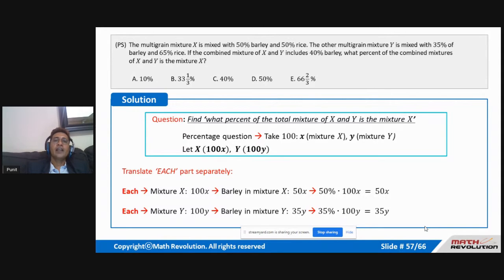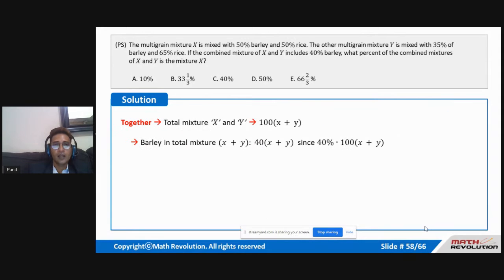Pay attention, 100x and 100y have been assigned to X and Y. Barley is 50% in X, becomes 50x. Barley is 35% in Y, becomes 35y. Total mixture becomes 100 times x plus y. The barley is 40% in the total mixture. So that becomes 40% of 100 times x plus y.